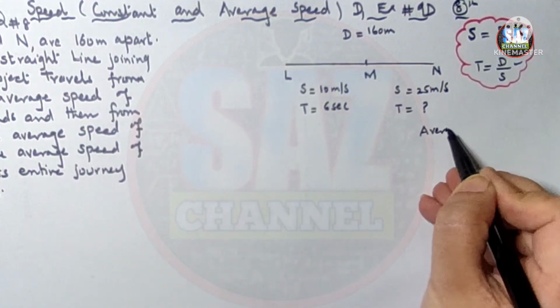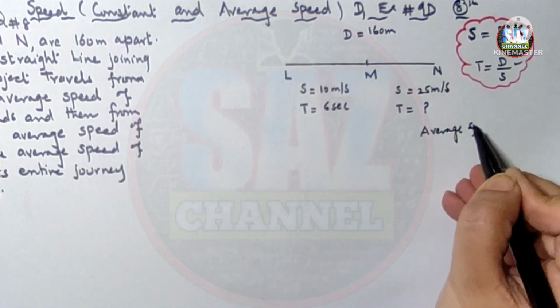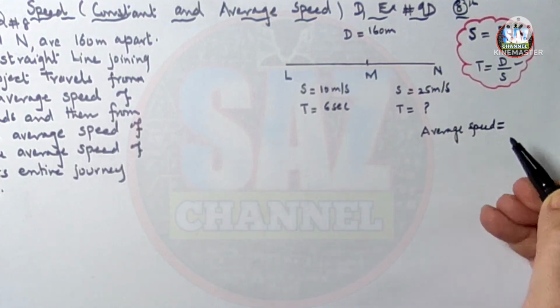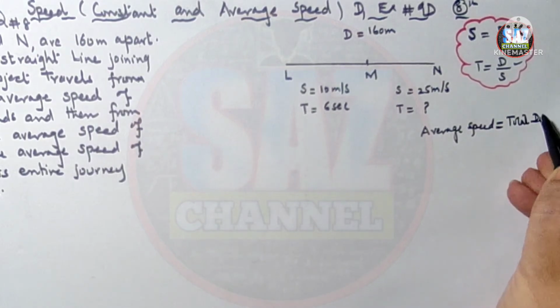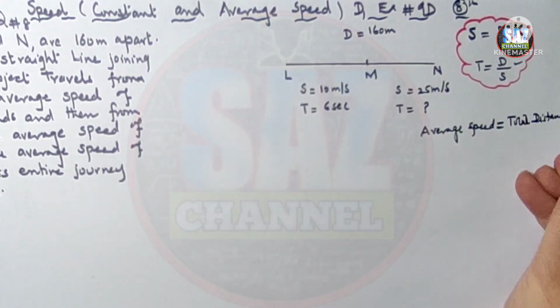Average speed will be equal to total distance upon total time.